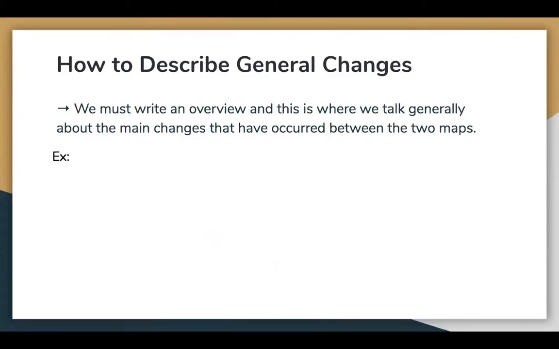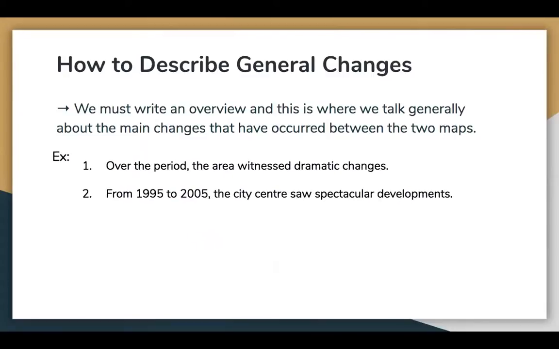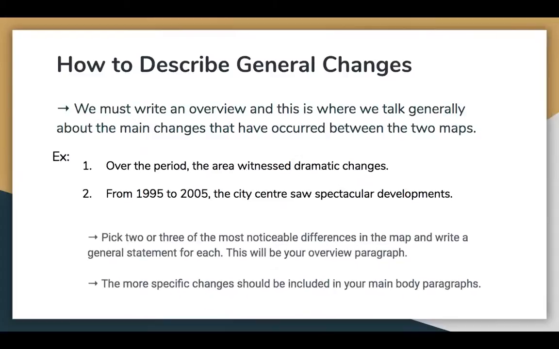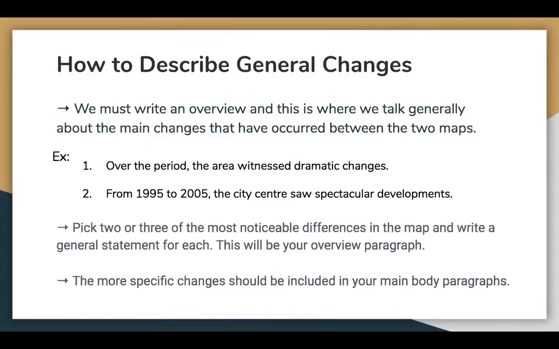There are some examples of general statements we could use to describe a change in a town and city. You can see on your screen. Okay. Pick 2 or 3 of the most noticeable differences in the maps and write a general statement for each. They will be your overview paragraph. The more specific changes should be included in your main body paragraph.